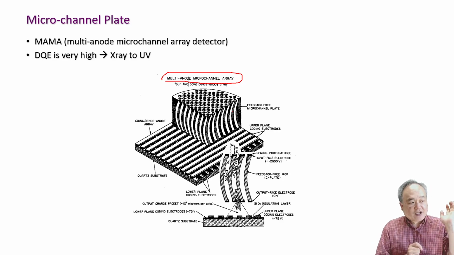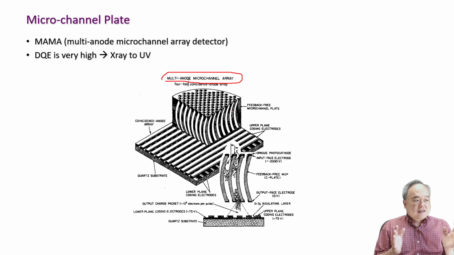So when you shine UV or infrared light onto the CCD, it does not respond, because the photosensitive layer is not responsive to those particular wavelengths, the photons.